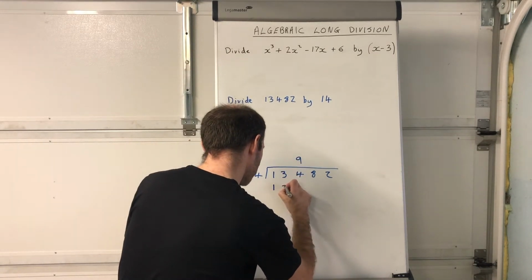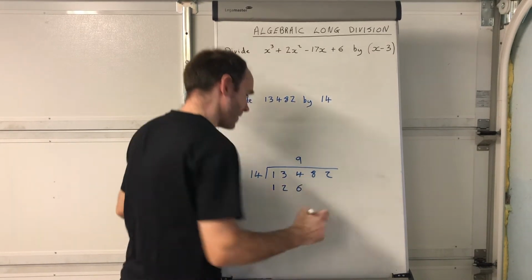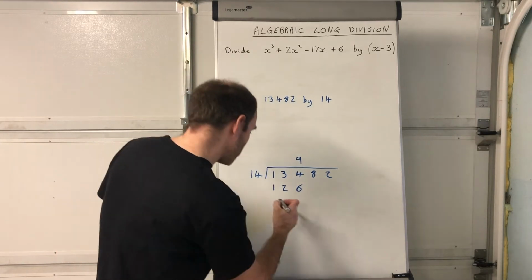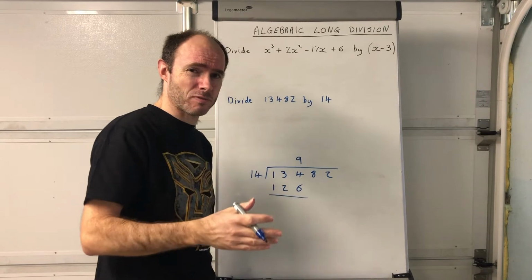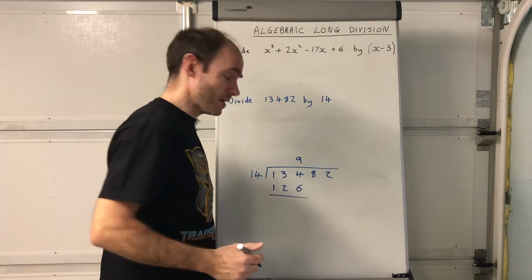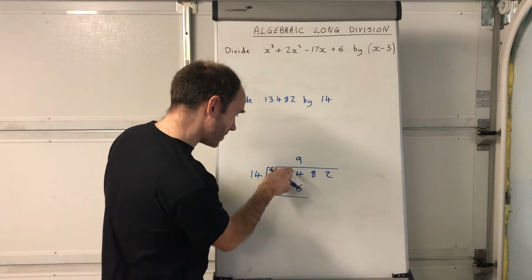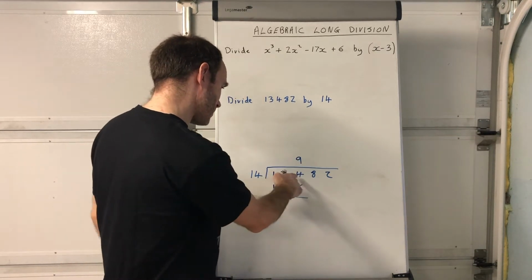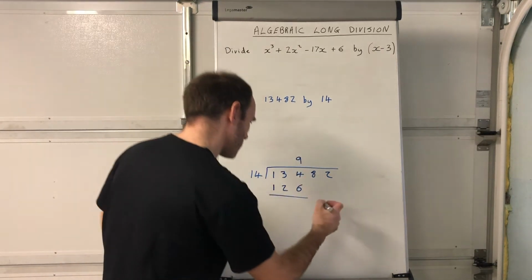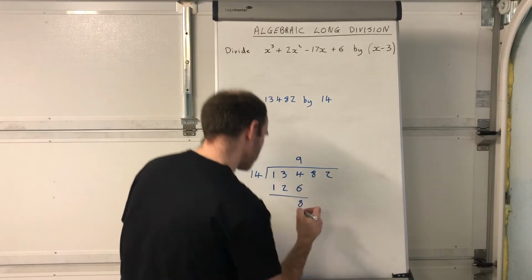Now I'm going to write 126 underneath like that. Then we find the difference. What we literally do, and it's a good idea to think about this for when we come to the algebra, is this subtract this. Now we know 134 subtract 126 is 8, so we can just write that in. It's 8, like that.